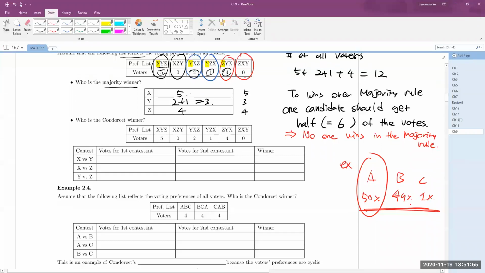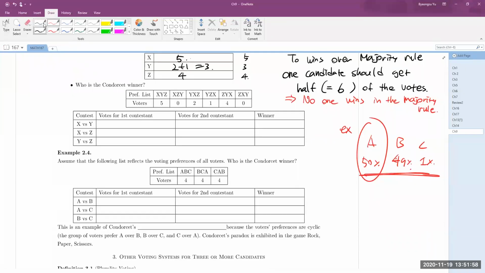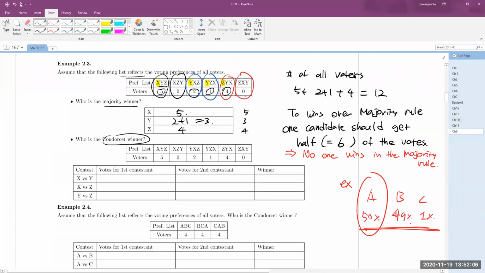Great. Then let's read about the Condorcet winner. So here, it is the same preference list and same voters. But if you think about the contest between X and Y, then in the preference list X, Y, G, there are 5 voters.